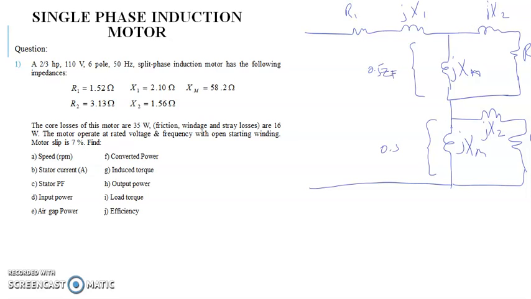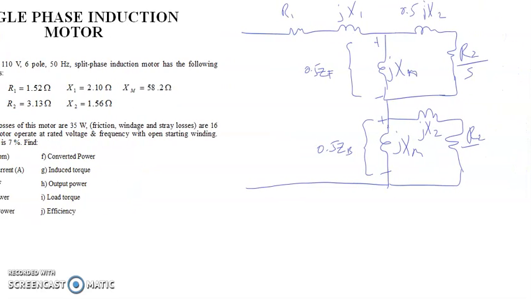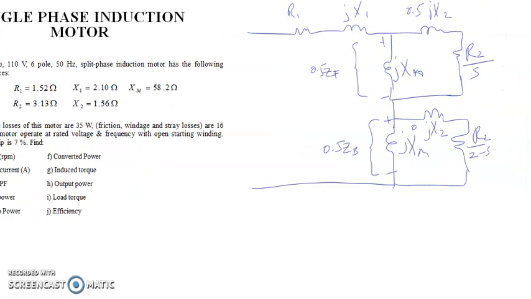So all the related equivalent circuit parameters you key in into the drawing. The first part is the forward parameters, which is 0.5 R2, and the second one is 0.5 R2 over 2 minus S, six value.